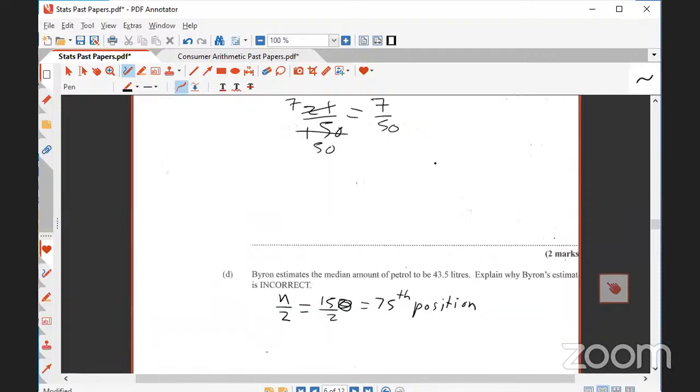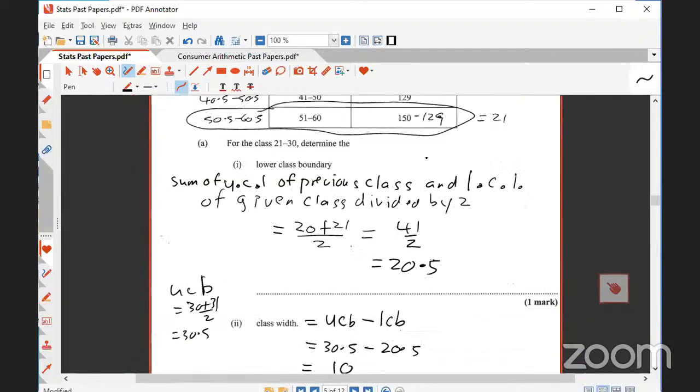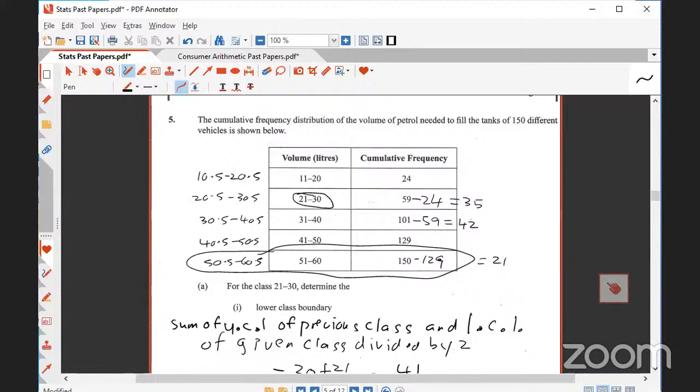And that is where your cumulative frequency comes in. Your cumulative frequency here, 11 to 20 stops at 24. 21 to 30 stops at 59, but you want 75. So 75 is going to be somewhere between 59 and 101. That means it falls in the class 31 to 40.